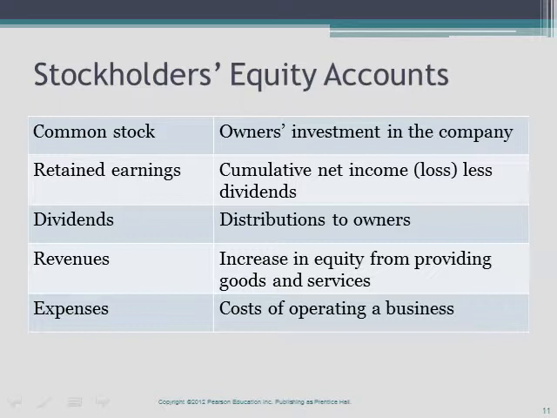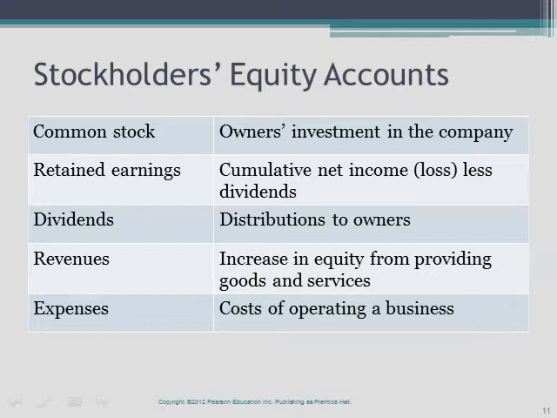We also talked about revenue. The increase in shareholders' equity from delivering goods or services to customers is called revenue. So the company uses as many revenue accounts as needed. Companies that sell merchandise use a sales revenue account for revenue earned by selling its products. Companies that provide services have a service revenue account for the revenue it earns by providing services to customers.